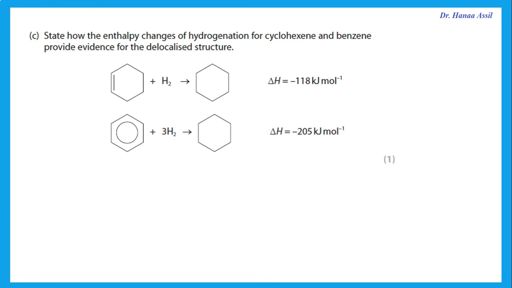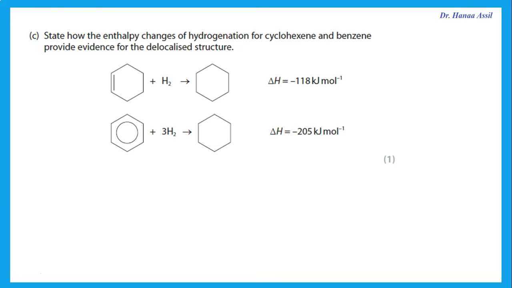State how the enthalpy changes of hydrogenation for cyclohexene and benzene provide evidence for the delocalized structure. Now, the enthalpy change of hydrogenation of cyclohexene, which is a structure that has only one double bond, is minus 118.